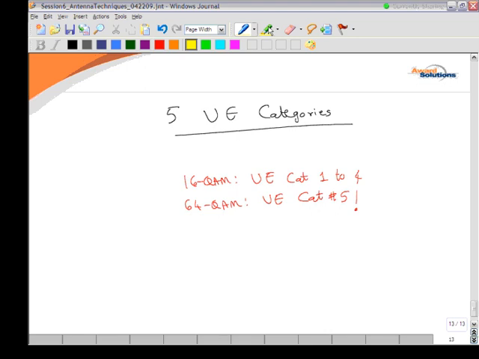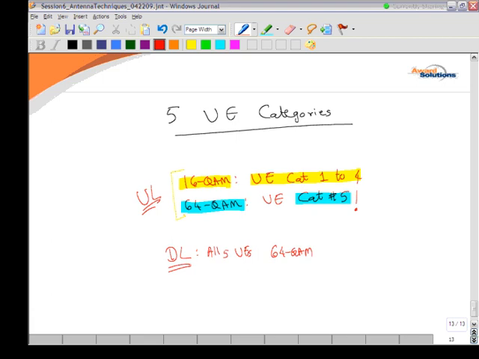That is the only category that will support 64QAM for the uplink. In the downlink, no problem. All UEs will support 64QAM, all 5 categories of UE. Thanks for attempting to answer the question.